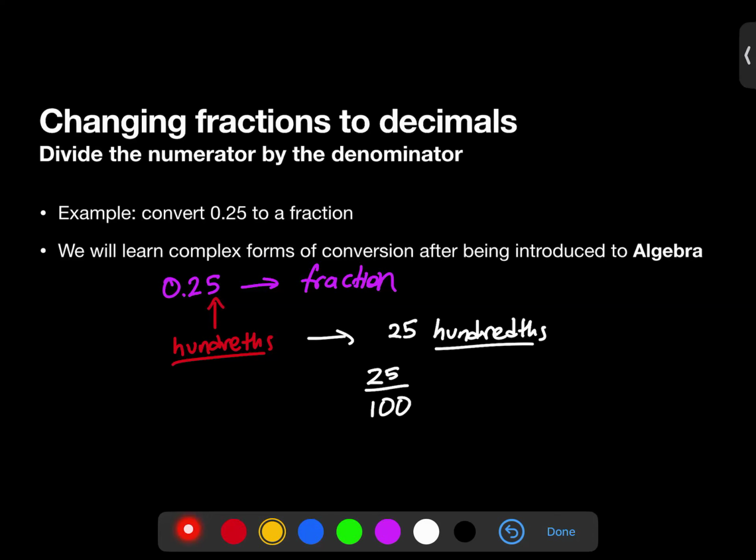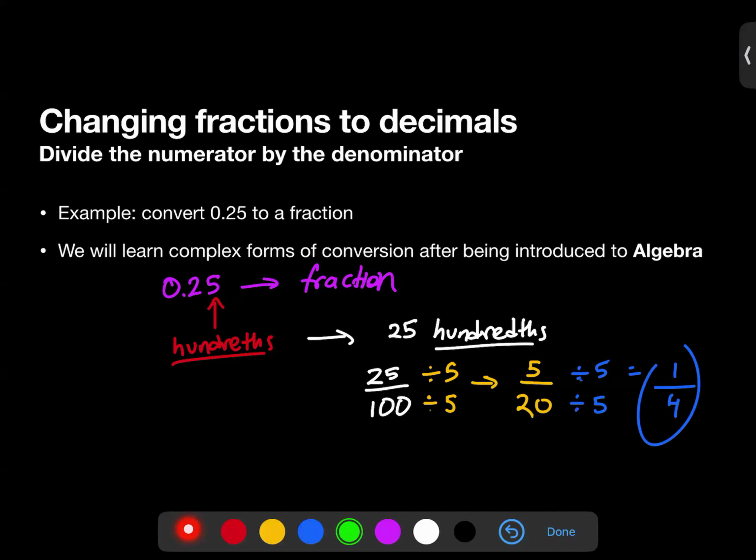So I think I heard it from someone. We can start by dividing by 5. So we'll start by dividing the numerator by 5 and the denominator by 5. So this gives us 5 by 20. And now we can divide it by 5 again, and we get 1 over 4.